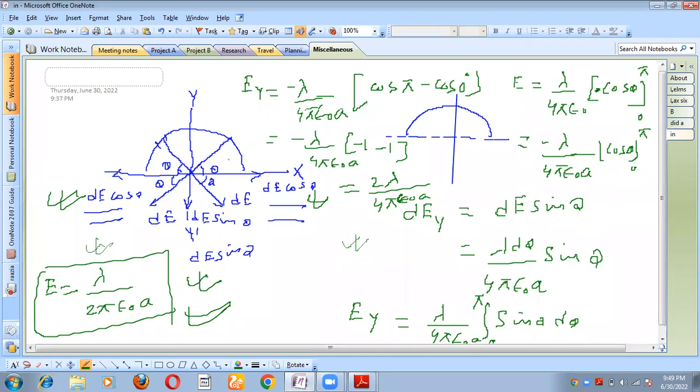To cover the whole half ring, theta should vary from 0 to pi. If the ring had been a quarter, what should be the limit of theta?